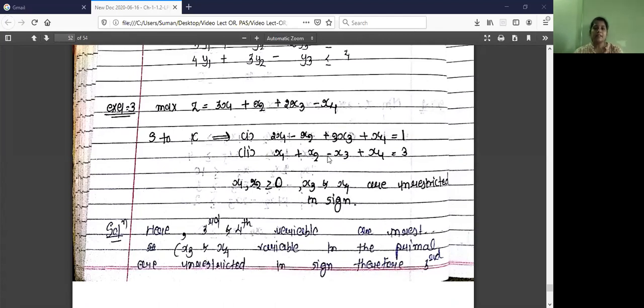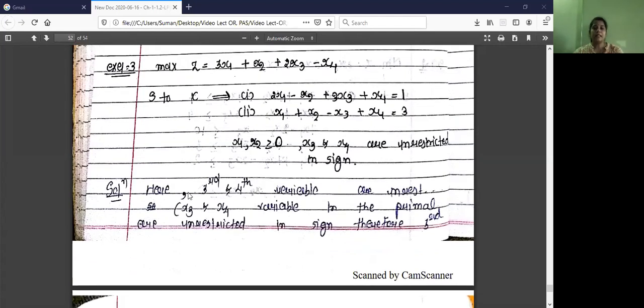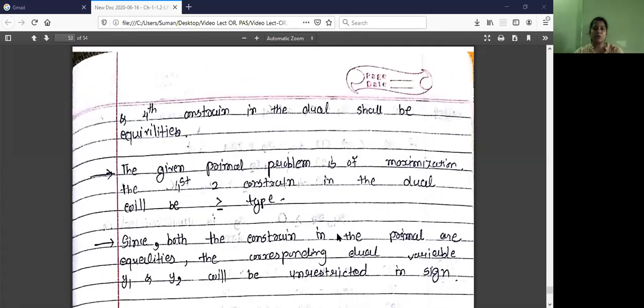Here, the third and fourth variables are unrestricted, which means the x3 and x4 variables in the primal are unrestricted in sign. Therefore, the third and fourth constraints in the dual shall be equalities.